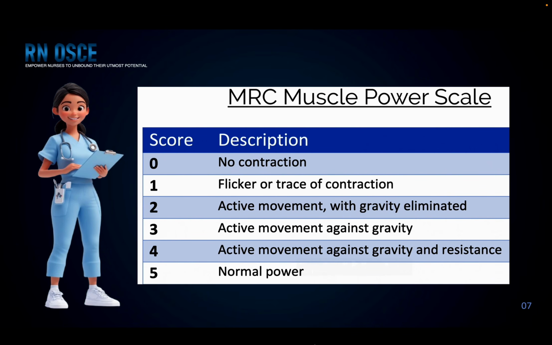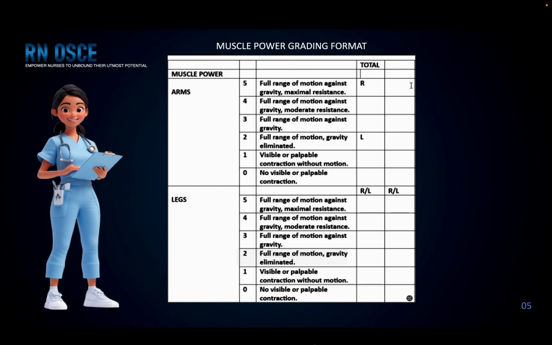So this is a method used to measure how strong your muscles are. It helps to identify if there is any weakness, paralysis, or any change in muscle function. You will be given a muscle power grading format like this.